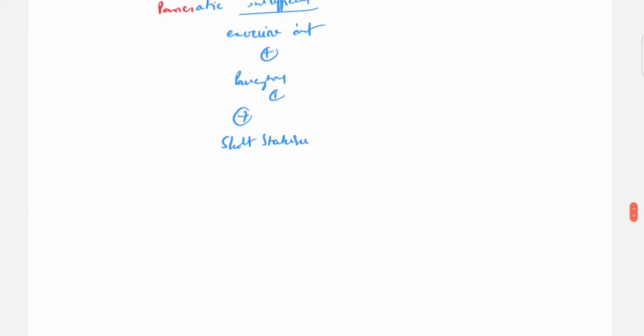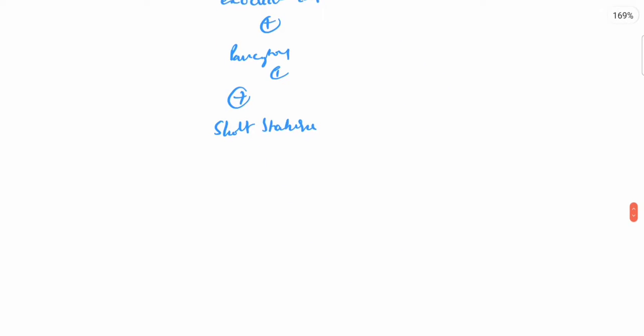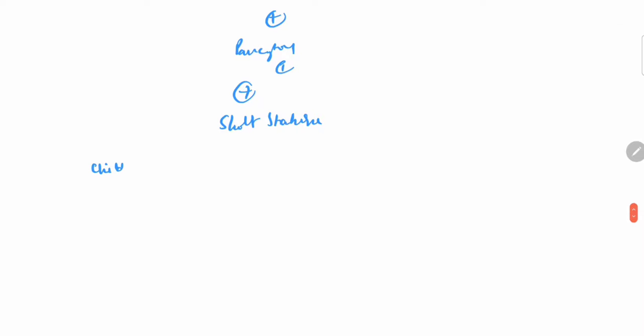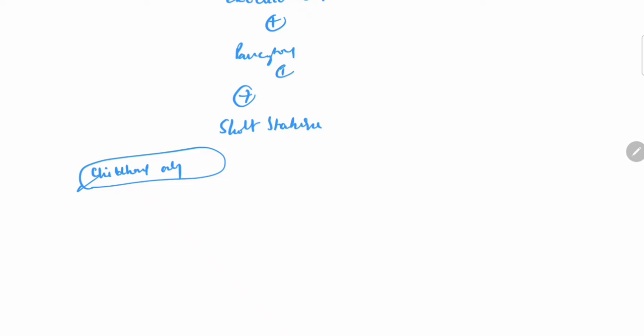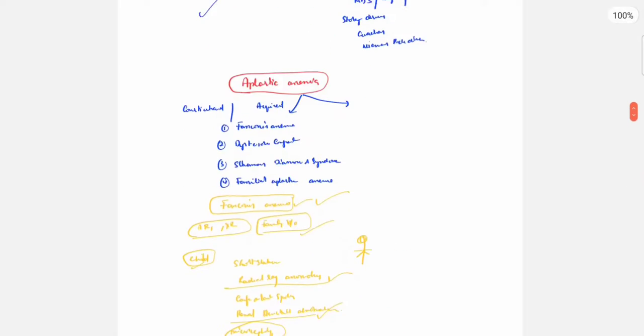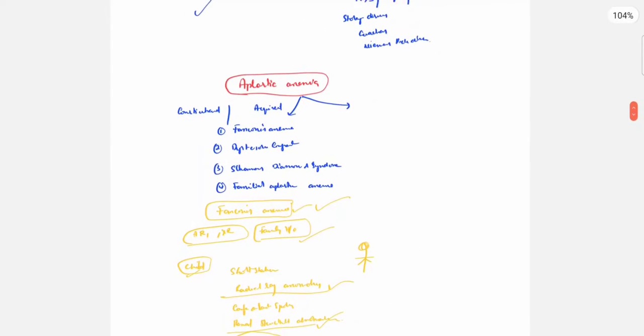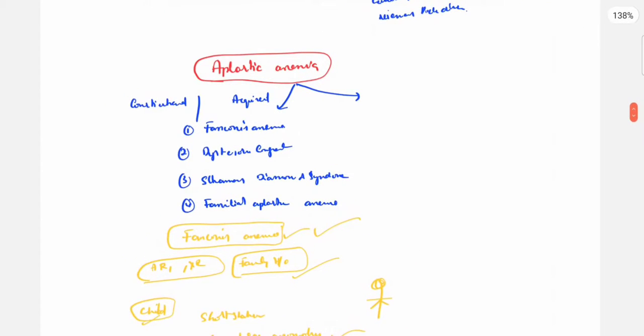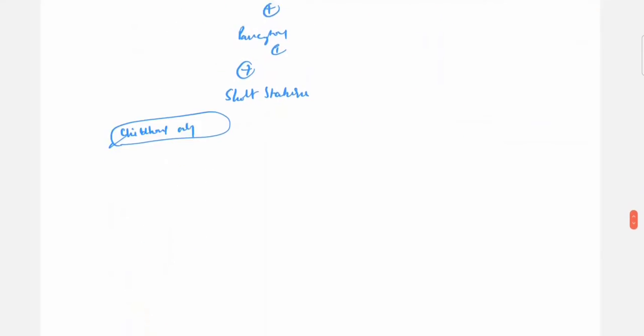Usually constitutional aplastic anemias are noticed in childhood, and we can see the associated features along with aplastic anemia. Okay, that is about constitutional anemias.